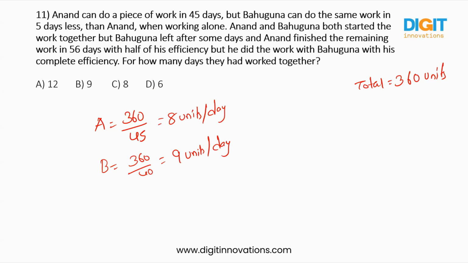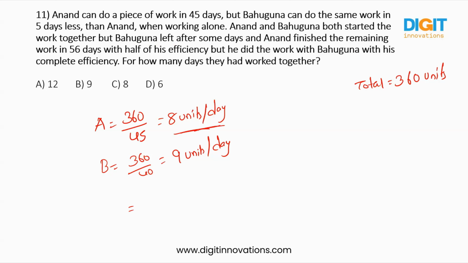If they work together, they have to complete the whole 360 units. But how long did they work together? Some days, and after some days, Bahugan left. How many days did they work together? We need to find that. After Bahugan left, Anand worked only 56 days, with only half of his efficiency.